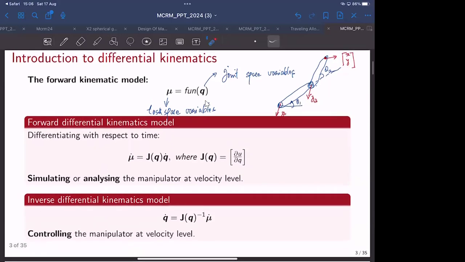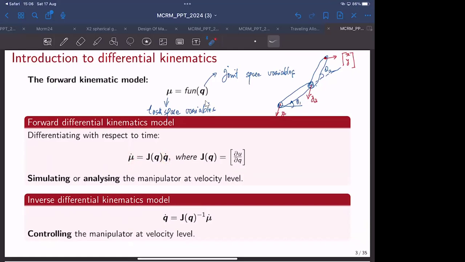Now we deal with forward differential kinematics and inverse differential kinematics. In the forward sense, for a differential change in the joint variables, what would be the differential change in the task variables, and the inverse problem as well. Like, in case of a differential change in the task space variables, what would be the differential change in joint variables?